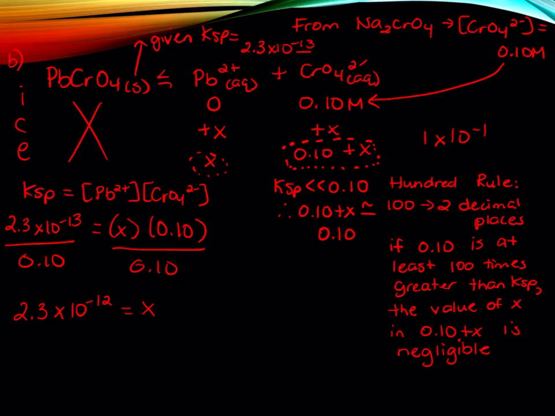Okay, so that becomes our x value. So what that means is the concentration of lead ions is 2.3 times 10 to the negative 12 once we add a common ion, and because the coefficient of the lead chromate is also 1, then that value would go in here as well.